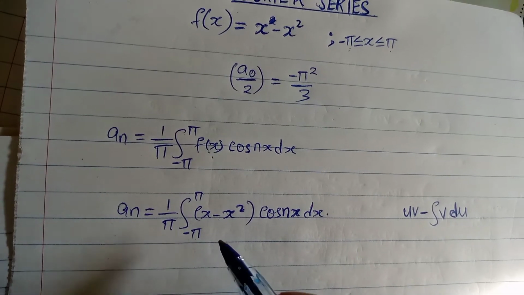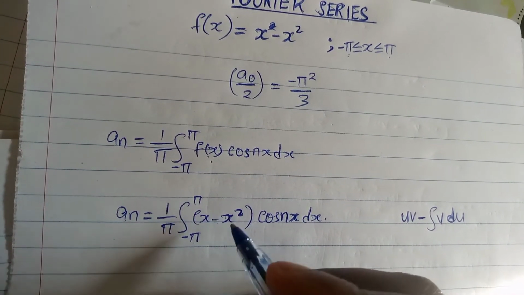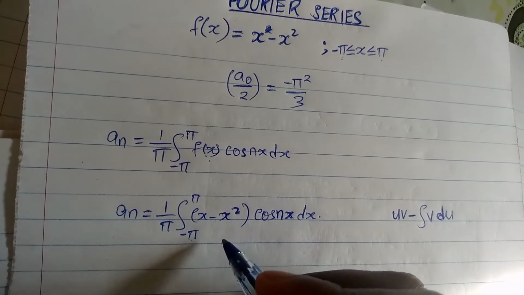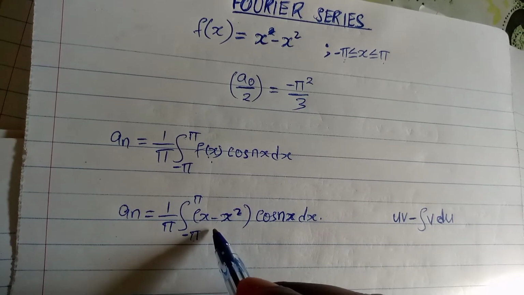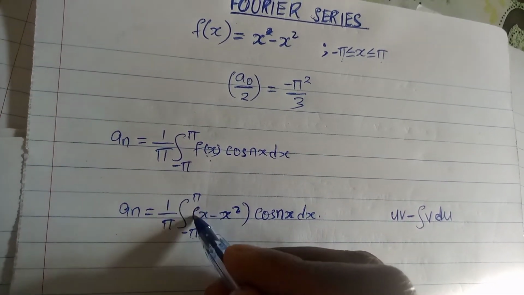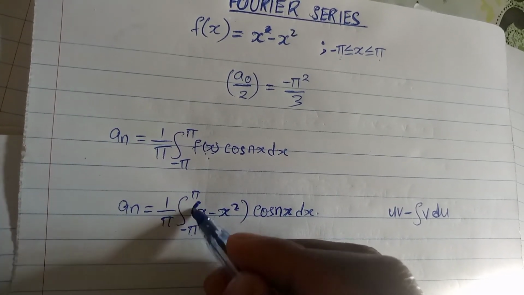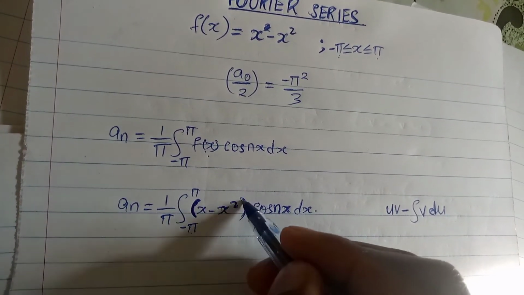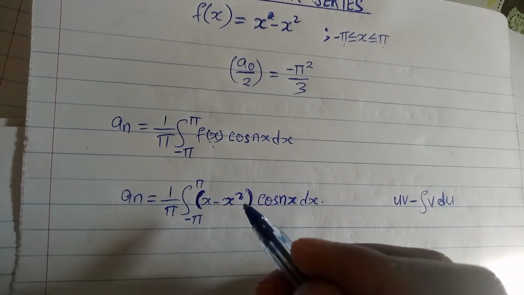Now let's come back to our question. For us to integrate this function without wasting time, I'm going to teach you a simple method of integrating by parts directly, without having to repeat all the steps.